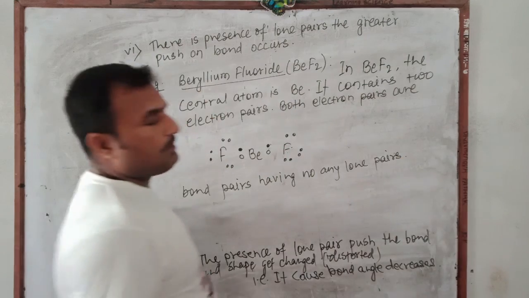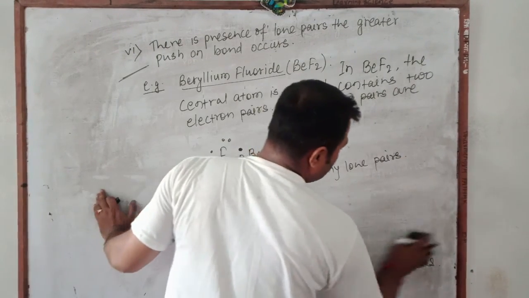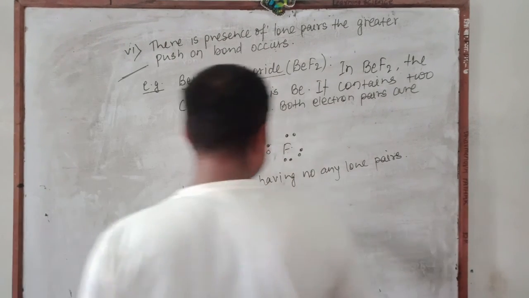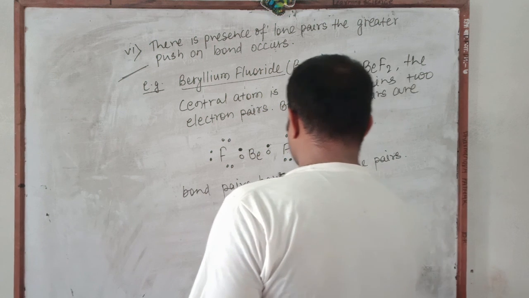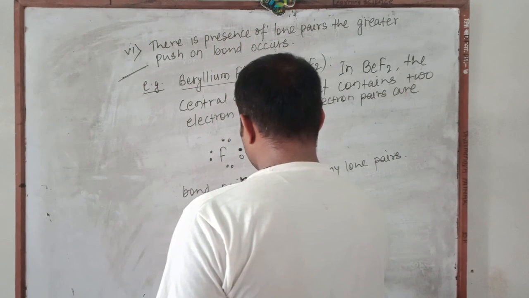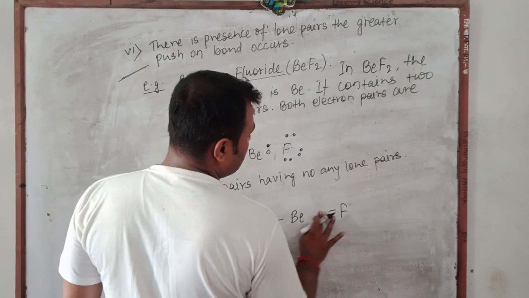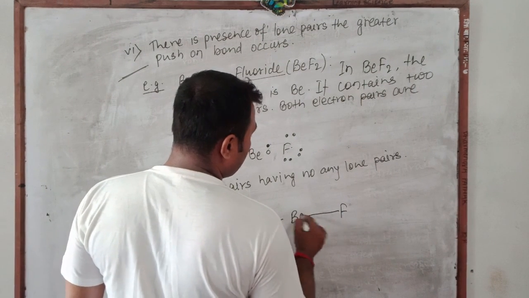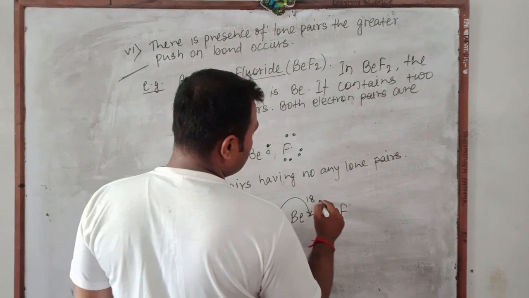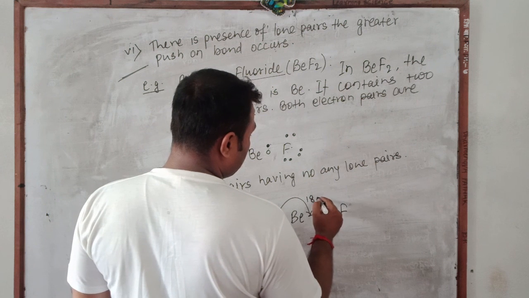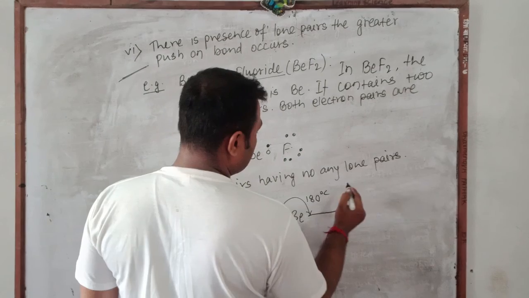Due to absence of lone pairs, that number of electron pairs helps to suggest its geometry, that is beryllium fluoride, and it has linear shape. Due to absence of lone pair, the bond angle between the F-Be-F bond is 180 degrees.